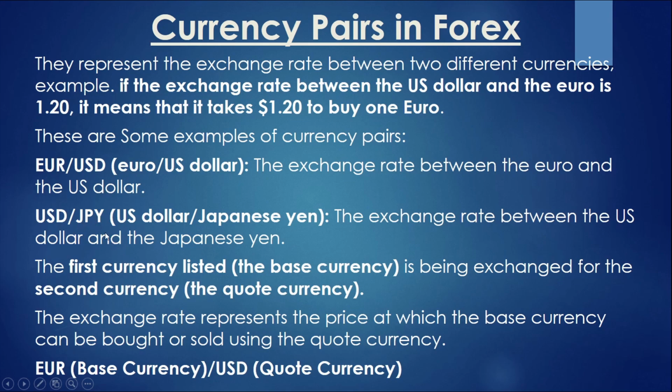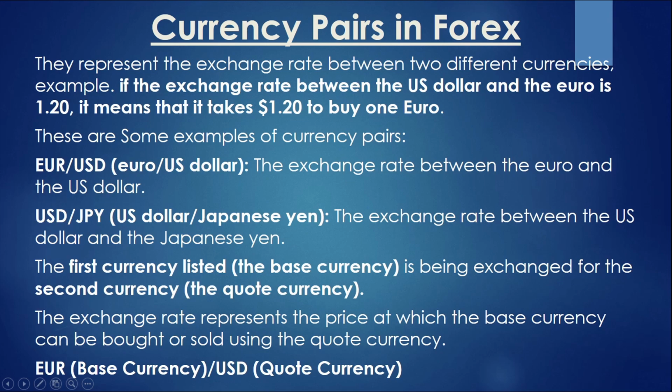The first currency is called the base currency, and the second one is called the quote currency. The base currency is being exchanged for the second currency, so here it is being exchanged for JPY, which is the quote currency.